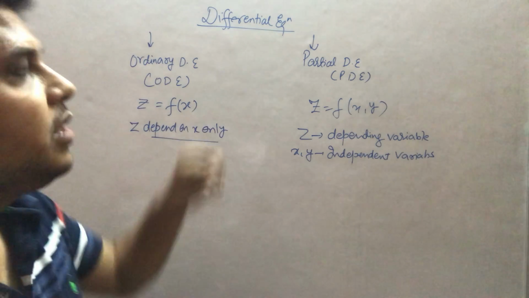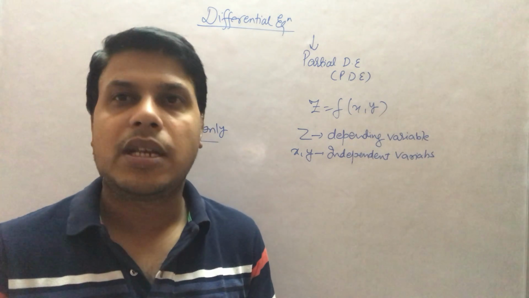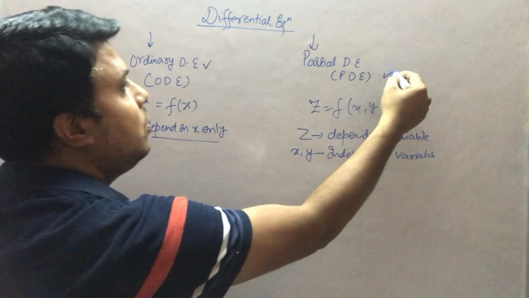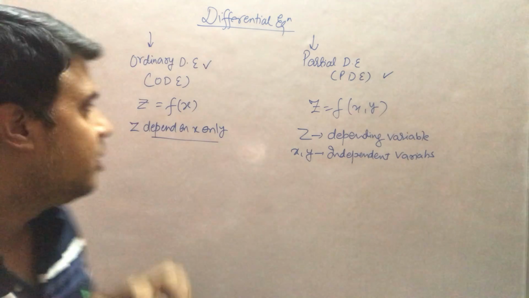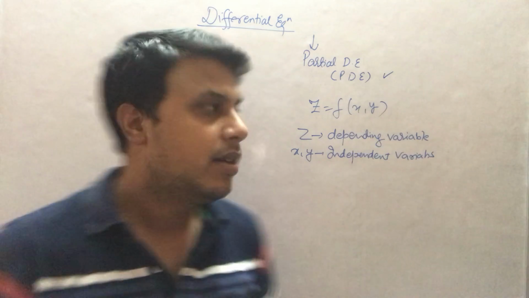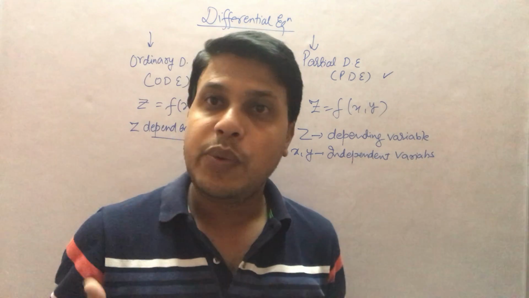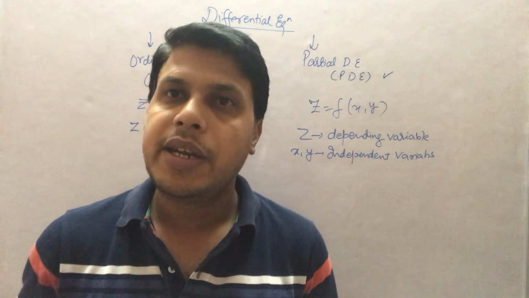So differential equation, as I told you, can be divided into two parts. One is ordinary differential equation and the second is partial differential equation. So what is the meaning of ordinary differential equation? Friends, suppose there is a variable z which depends upon a single variable only. That z depends on x only. So the equation so formed is called the ordinary differential equation.